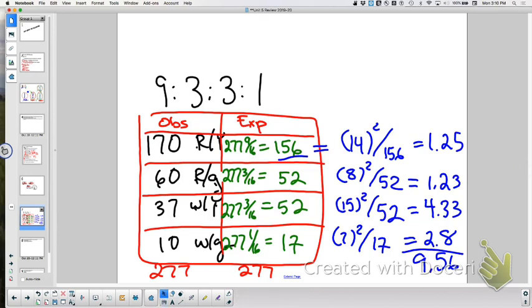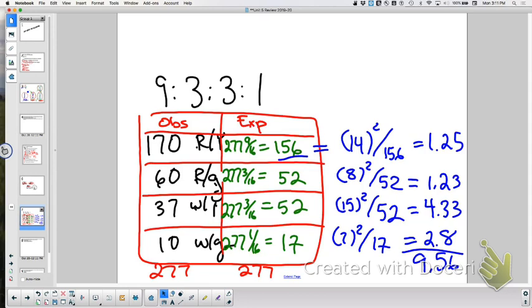First of all, how many degrees of freedom do we have? 3. So then I'd have to go look at the table for 0.05, and it's 7.81. We get 9.56. Are we going to support our null hypothesis?